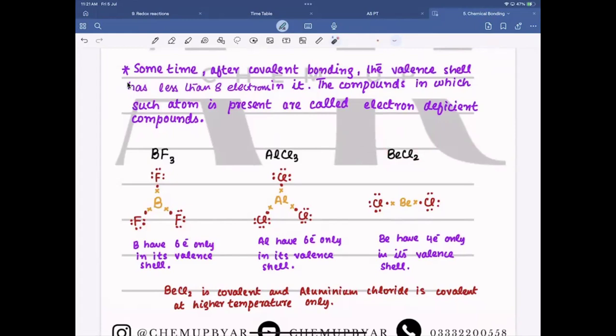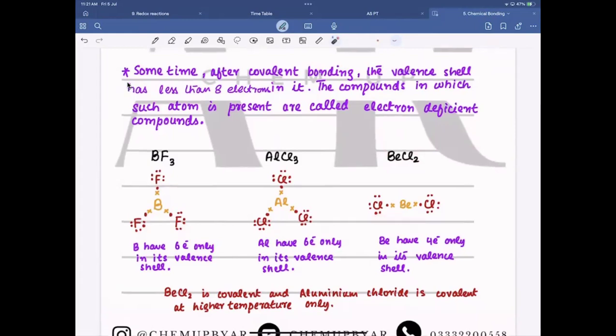Yeah, this is not ionic, but I'm connecting it with the point that most of the time students remember ionic bonding as the one which has a metal and a non-metal. So here you are observing both a metal and a non-metal, but it is covalent. You can't remember it like this.